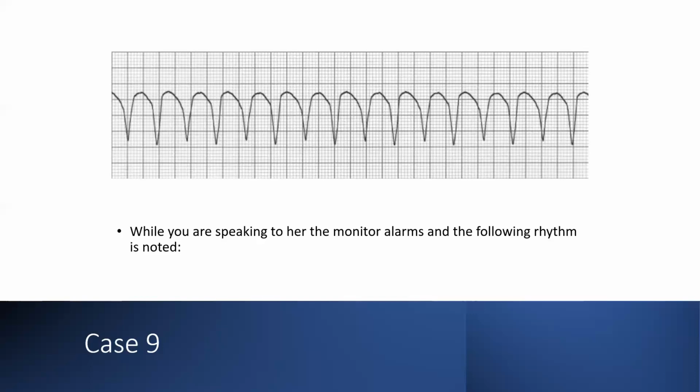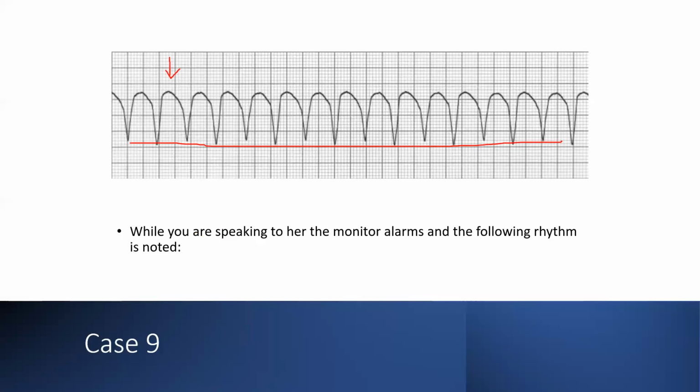This is not torsades de pointes because all the QRS complexes are uniform. As you can see, the shape and its direction are all the same. They're all going downwards right here. So this is a monomorphic ventricular tachycardia.